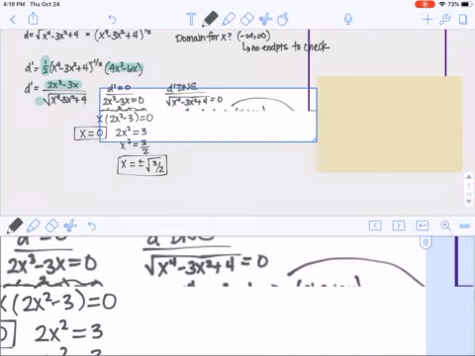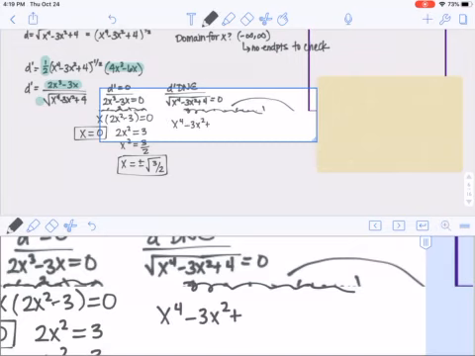Now I'm going to turn my attention over here. I'm looking for where the bottom equals 0. That would be the same thing as x to the 4th minus 3x squared plus 4 equals 0, since I could just square both sides to get rid of the square root. One thing I do want to point out is that you might be able to solve this algebraically.